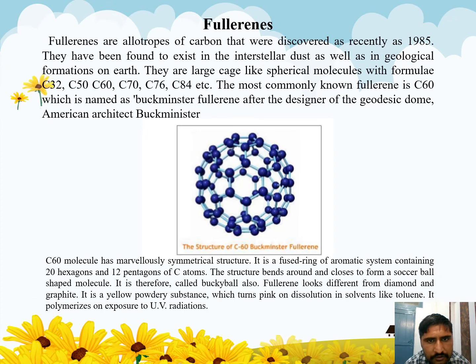Now another one is fullerene. What is fullerene? Fullerenes are allotropes of carbon that were discovered in 1985. They have been found to exist in interstellar dust as well as in geological formations on Earth. A large number of fullerenes are formed: C32, C50, C60, C70, and C84.